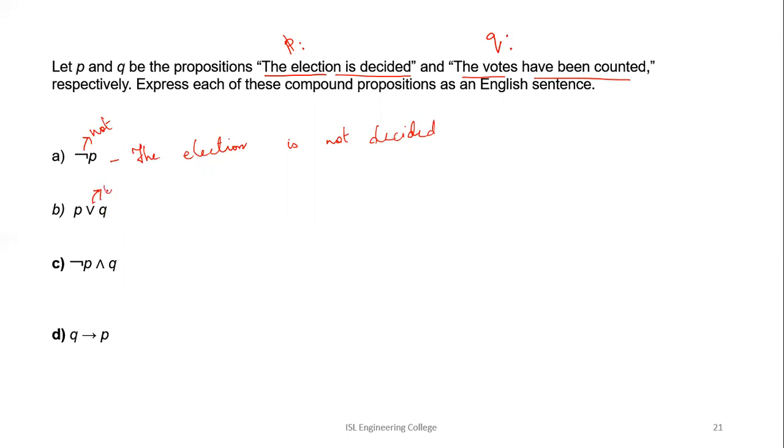So this is or. Now you have to take both the statements and join them with an or. So the election is decided, or the votes have been counted.